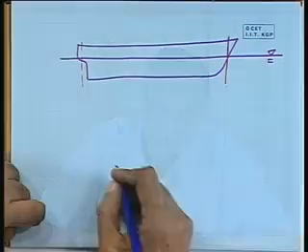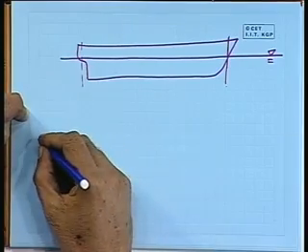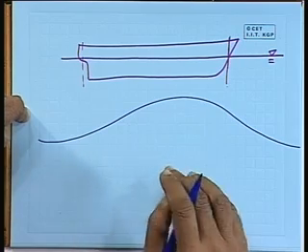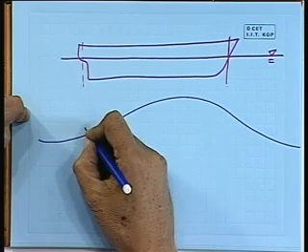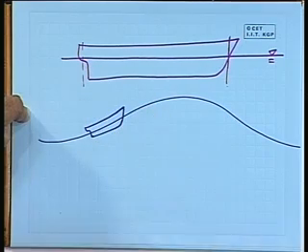Keeping that in mind, what type of forces will be generated? Now I can consider this particular ship to be floating. I will just try to draw a few diagrams here. One is a very big wave with a large wave height, and the ship is floating something like this. This is one condition: it is moving in a big wave.